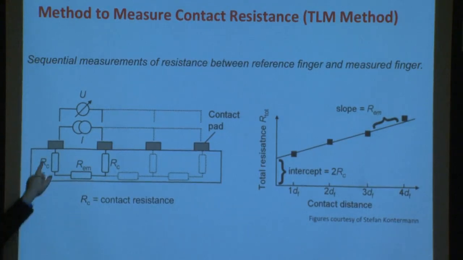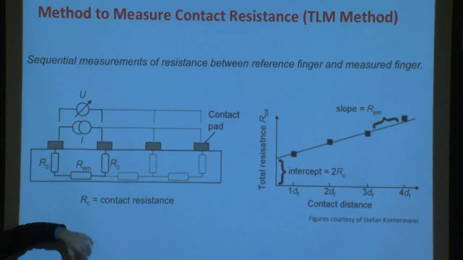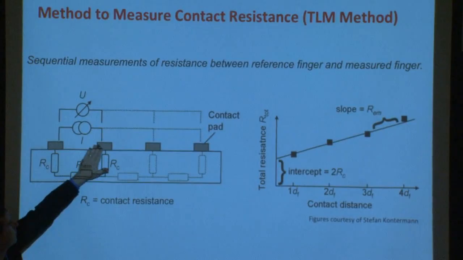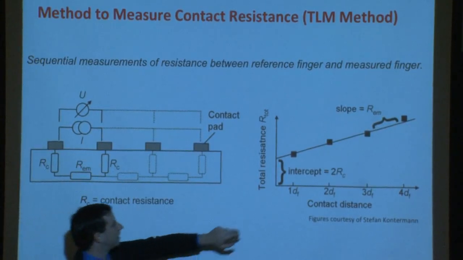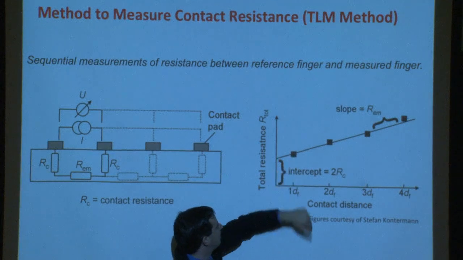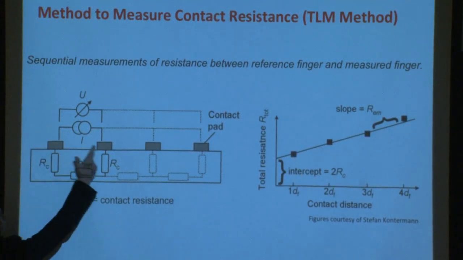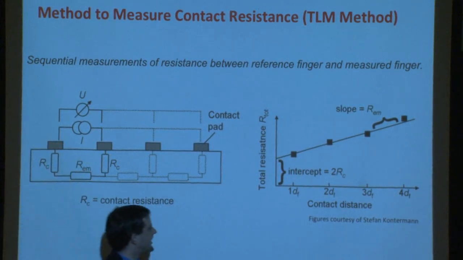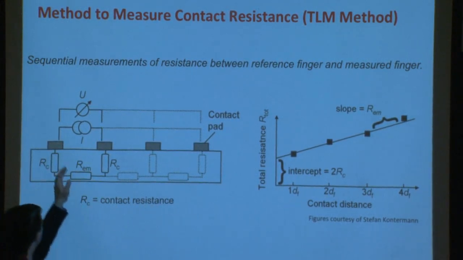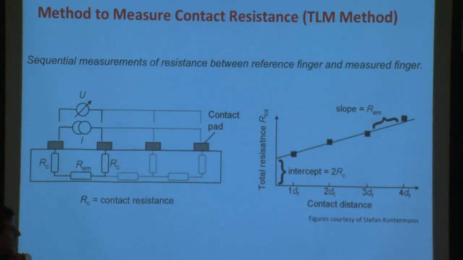And if you were to measure the resistance for current to pass from this point to that point, you might get this data point right here, a total resistance value and a distance between the 2 probes of, say, 1 times d sub f, where d sub f is the unit distance between 2 adjacent contact metallization fingers.